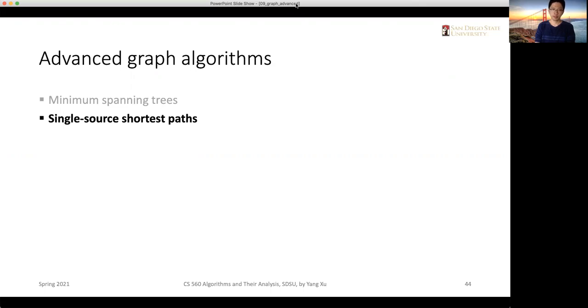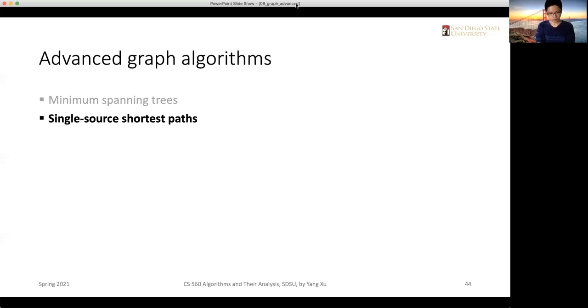I guess the shortest path problem is more straightforward to understand because it relates to an everyday problem: we find a path on the map, for example, right? We want to navigate. We want to find the shortest distance path to our destination, right?